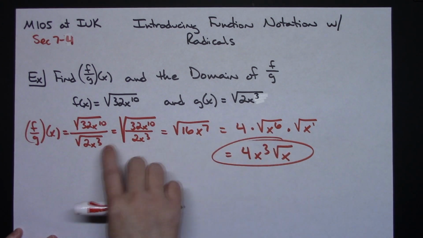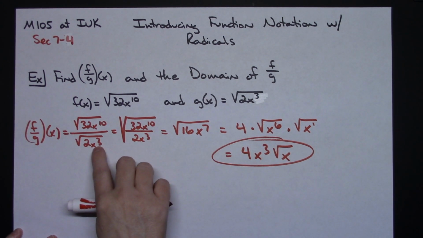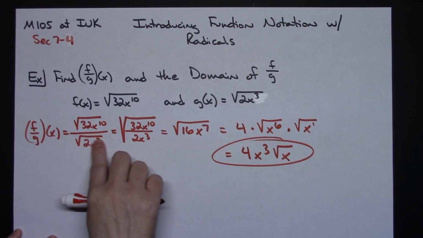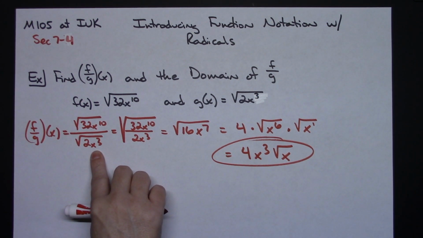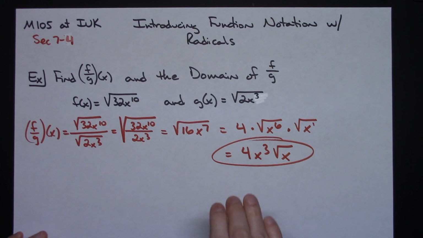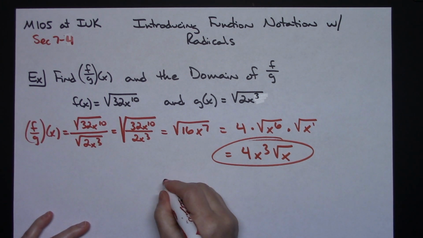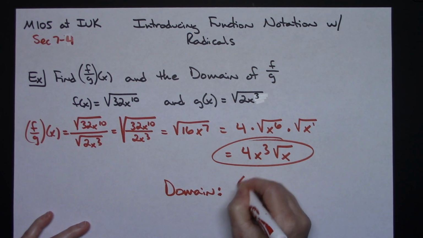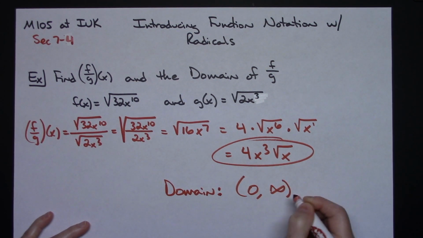Okay, because if x was 0, 0 to the 3rd times 2 is going to give me a 0, square root of 0, 0. That means I would be causing a division by 0. Okay, so the domain of this function is going to be everything bigger than 0, and I cannot include 0. Okay, so domain is going to be from 0 to positive infinity.